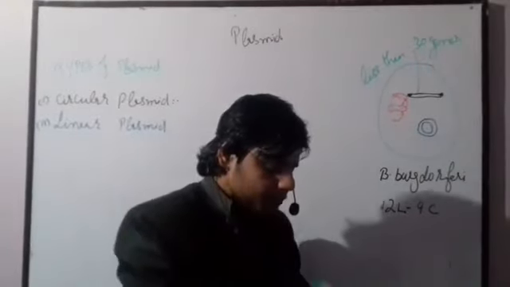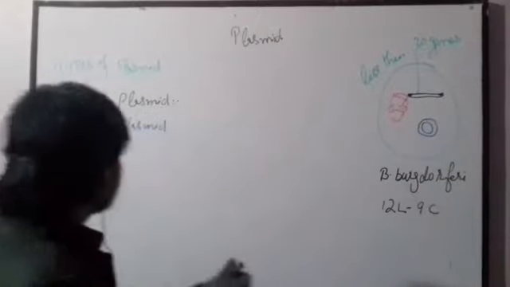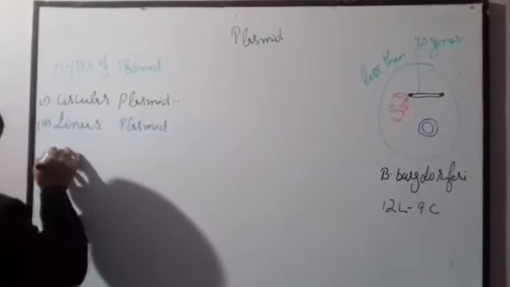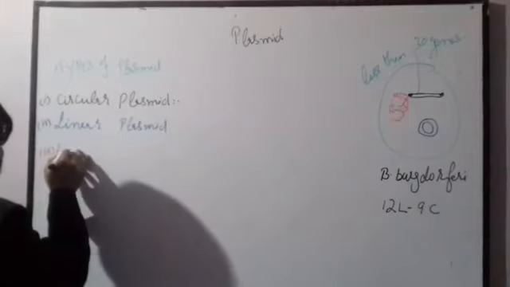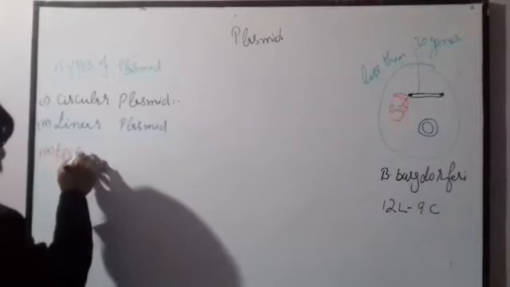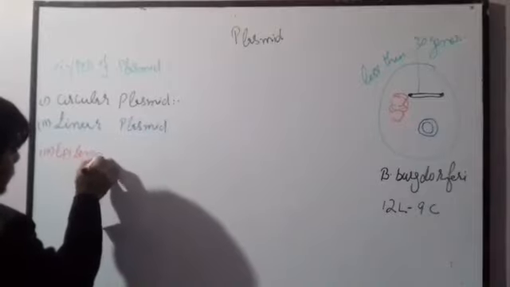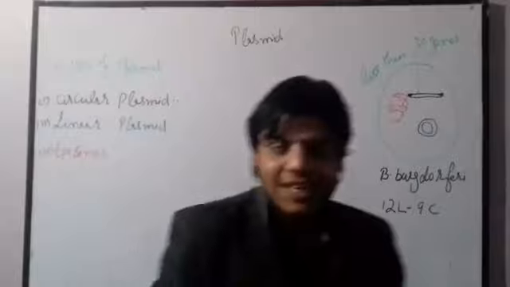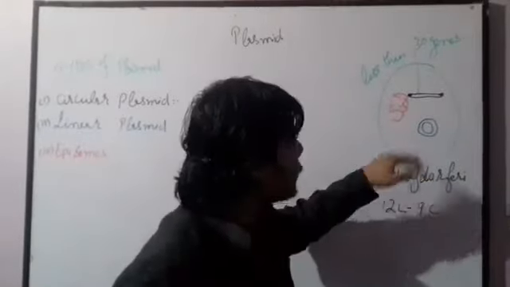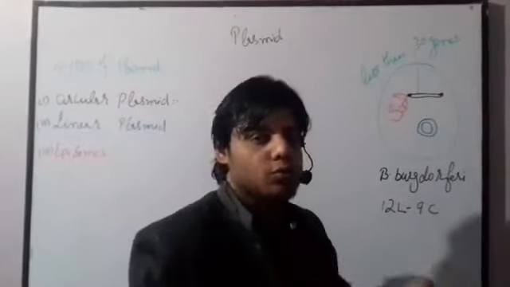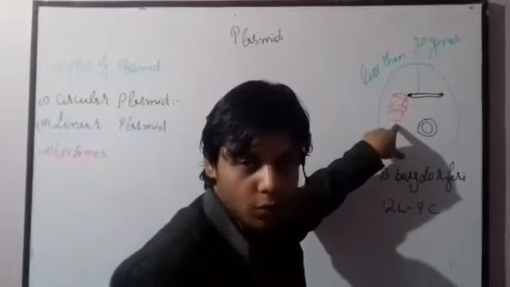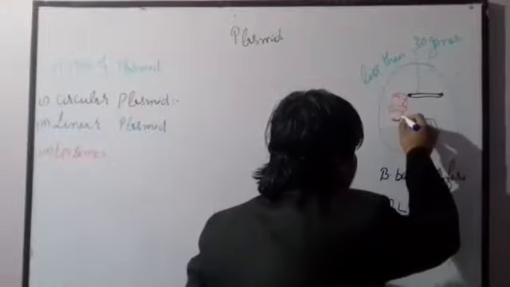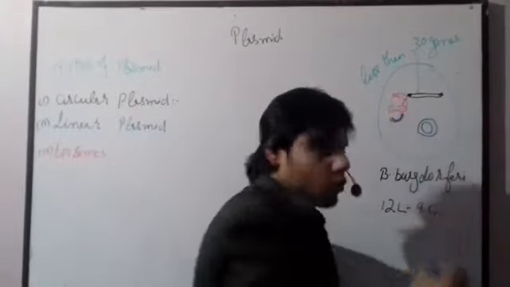Then we have another plasmid, we call that episomes. Episomes is another type of plasmid which is integrated with the bacterial chromosome. Let's suppose this is a bacterial chromosome. In this case, the episome will be present somewhere in the bacterial chromosome.